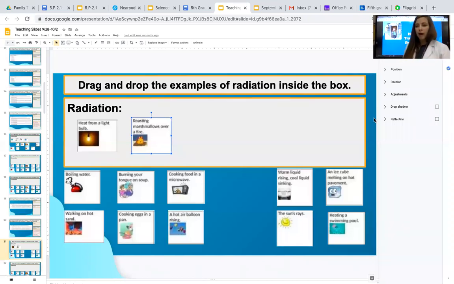Boiling water. Remember, boiling water was an example of convection.